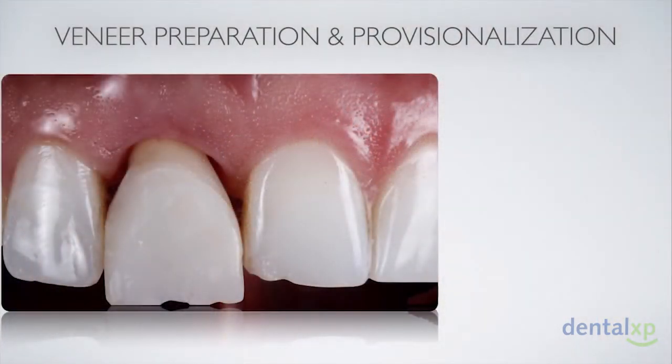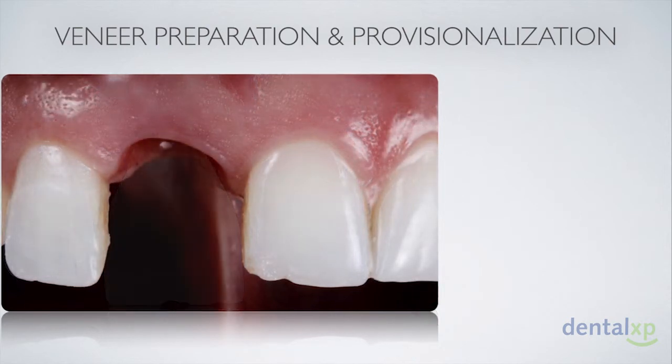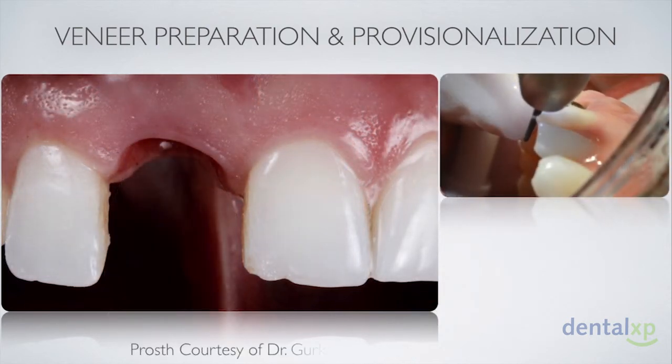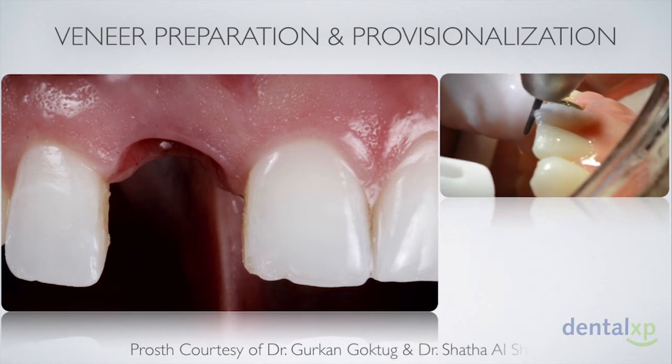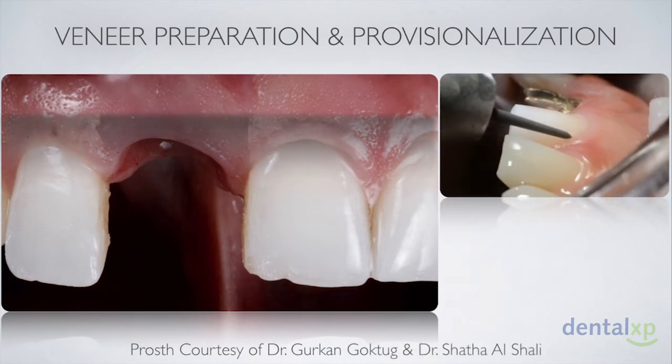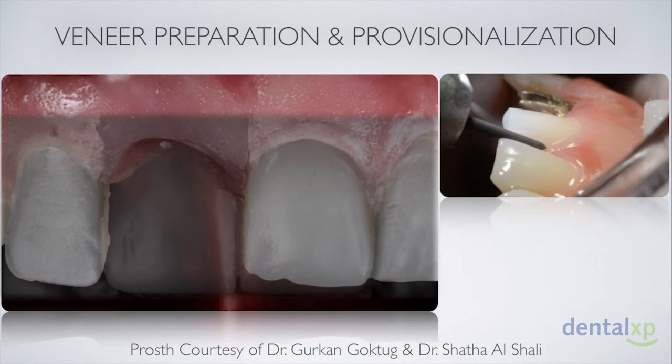So once the crown was removed, you could immediately see the advantage of temporizing this case. It allows really for minimal adjustments to be performed prior to finalizing, as the soft tissue architecture has already been developed and maintained. And in this case, the plan was to veneer the adjacent central for aesthetic purposes. This was done in accordance to our initial wax-up of the case.